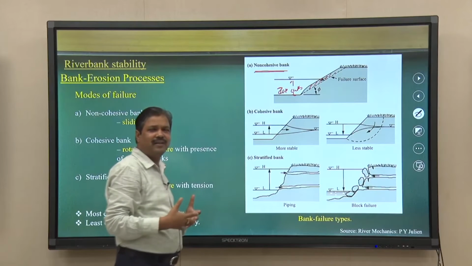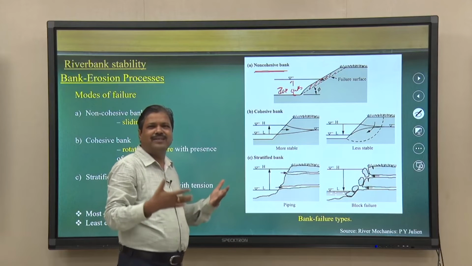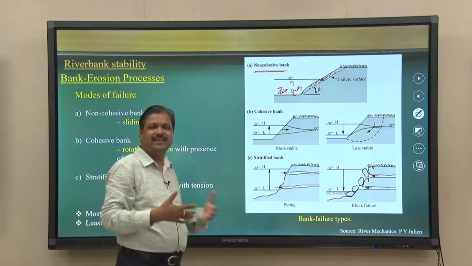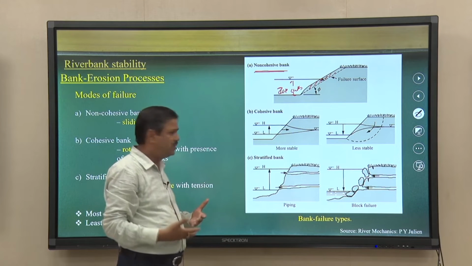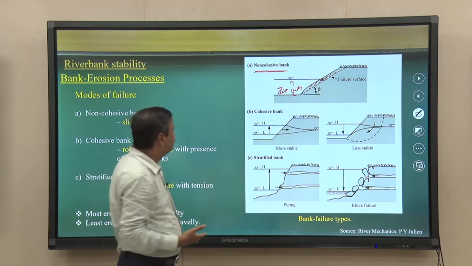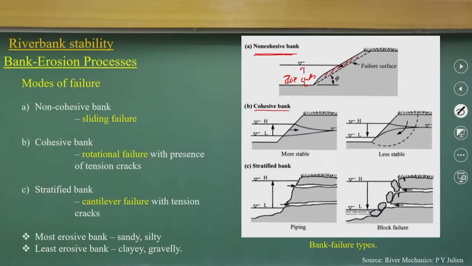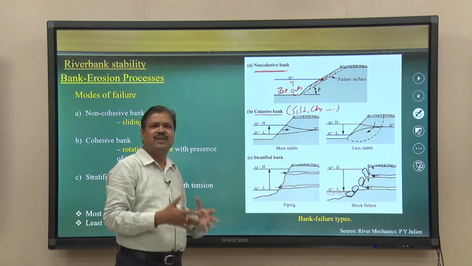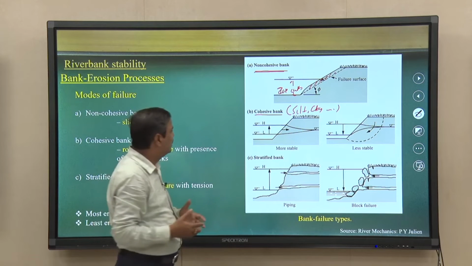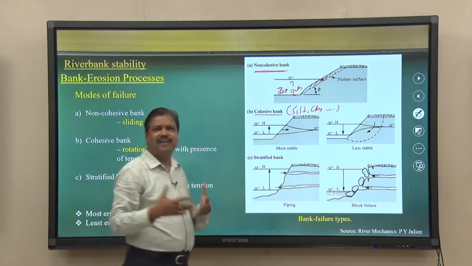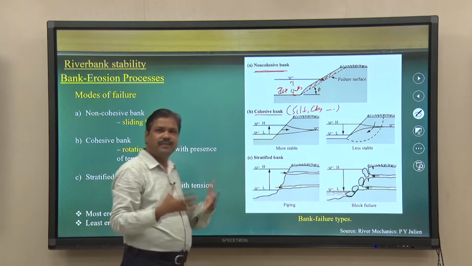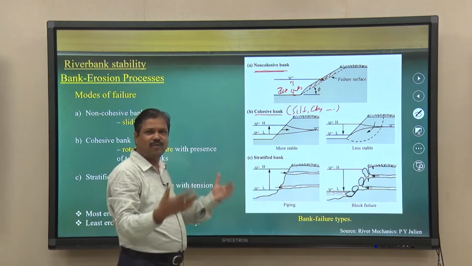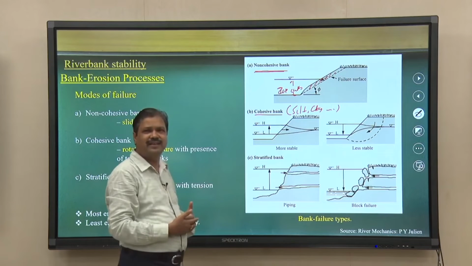But please remember, in general the river bank is not non-cohesive in nature; it is a combination of both, that is, a stratified bank, or you have a cohesive bank, meaning you have silt and clay compositions along with the sand. Most of the time we see rivers with silt, clay and some sand mixing. Whenever you go to a river bank you can see that.